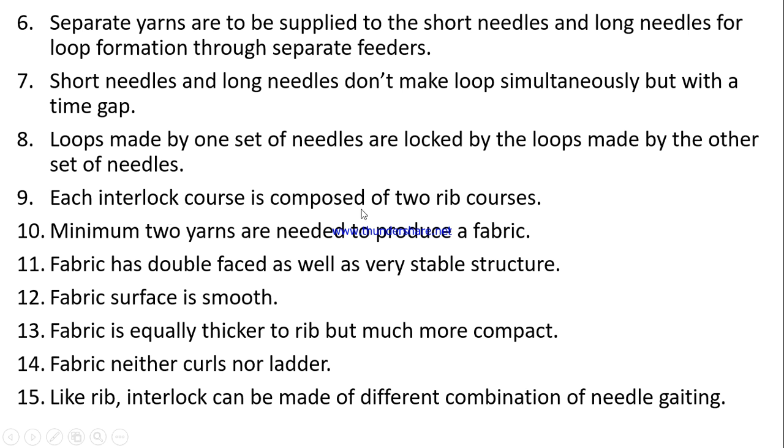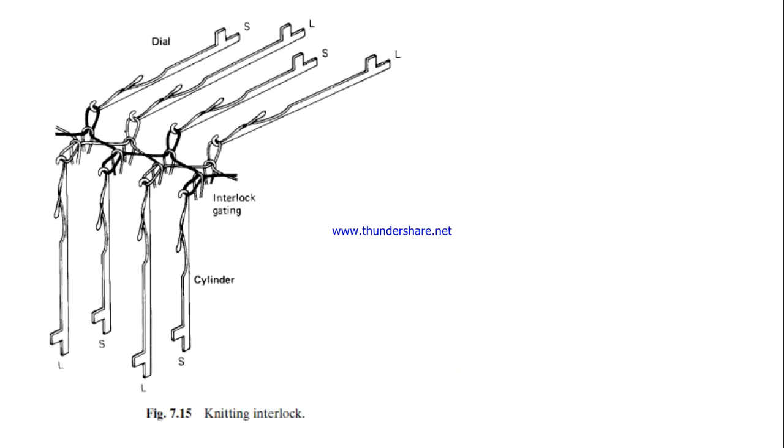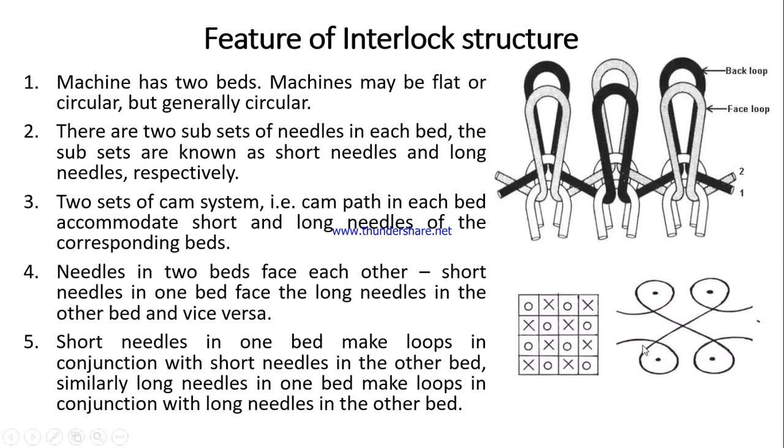Each interlock course is composed of two rib courses. Basically, two rib courses are there in a single interlock course. That you can also see from the schematic diagram here. If you just take this thread only, this is a presentation of a course of rib jersey.